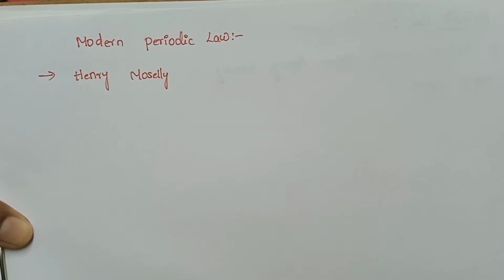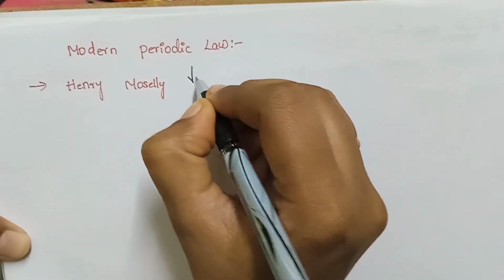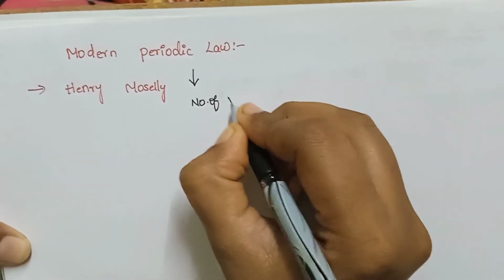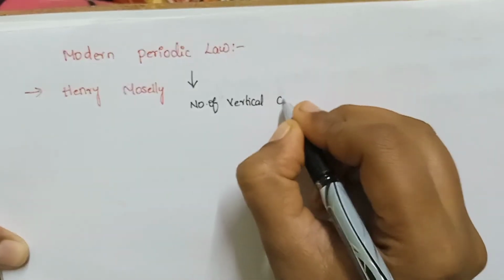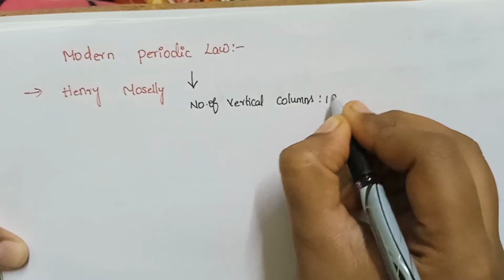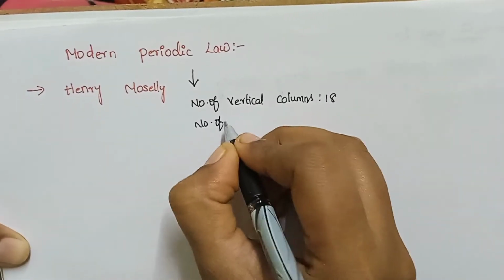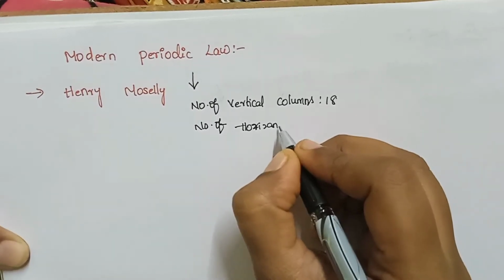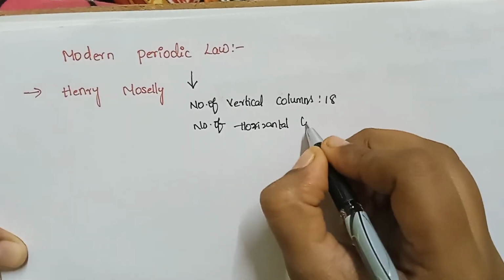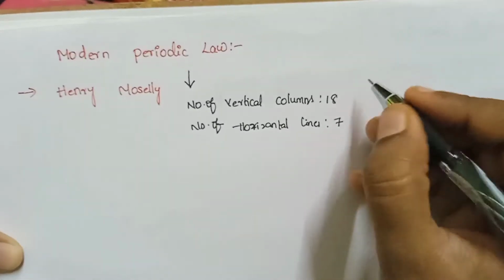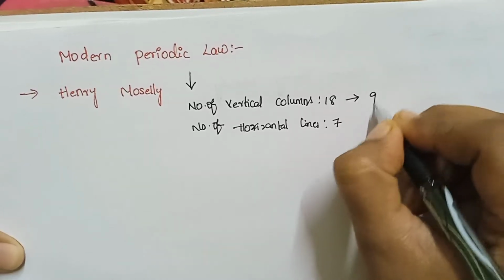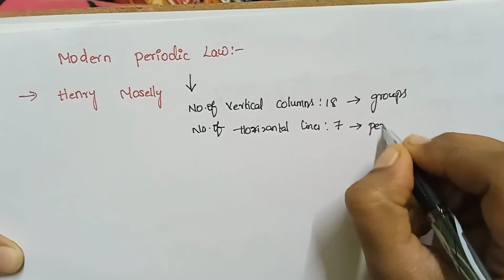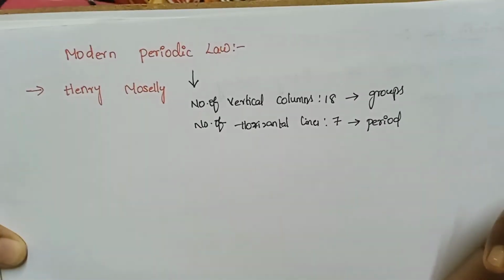This is known as the modern periodic table. Okay, in this modern periodic table, the number of vertical columns is 18, and the number of horizontal lines is 7. The vertical columns are known as groups and the horizontal lines are known as periods.